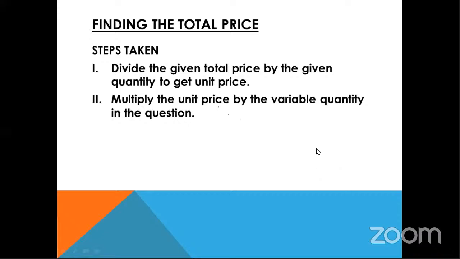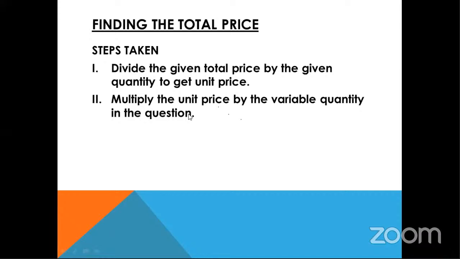Multiply the unit price by the variable quantity in the question. Very good. So if you have divided in the first step, that means you get the unit price.